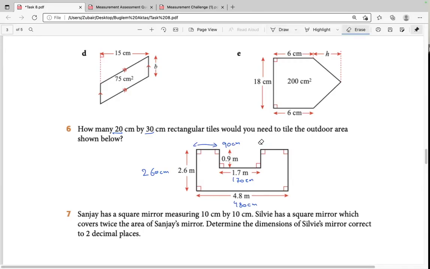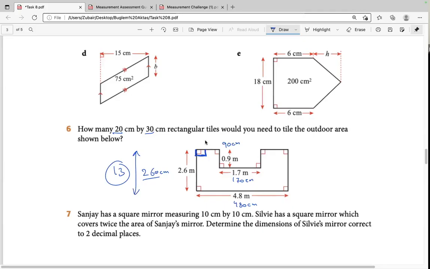Now let's try. It says tiles are 20 centimeter by 30 centimeter. I'm checking if I can divide 260 by 20. So 260 by 20 goes 13 times. So if I place a tile with 20 centimeter on this side and 30 centimeter on the other side, I should be able to place 13 of these tiles in this order.